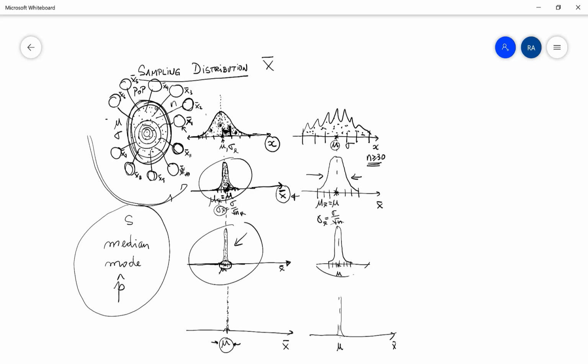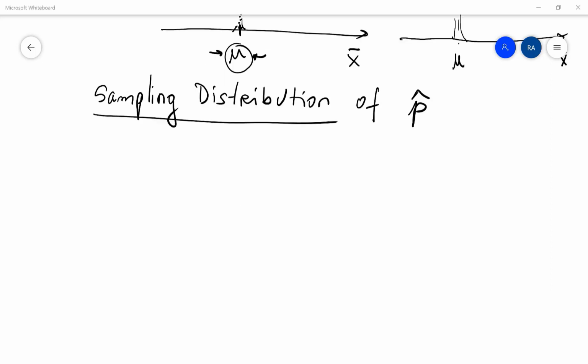In this chapter, we are going to study the sampling distribution for sample mean and sample proportion. That's it. Only two statistics. For these two statistics, when the sample size is big enough, the sampling distribution of those statistics is normal. Let's study the sampling distribution of the sample proportion.